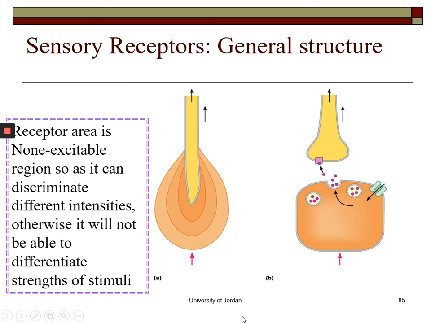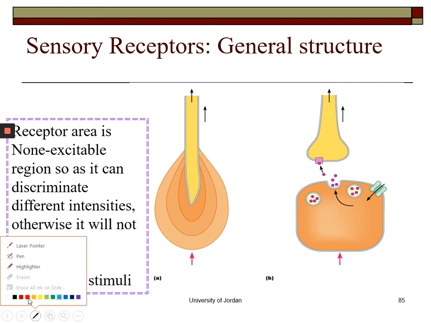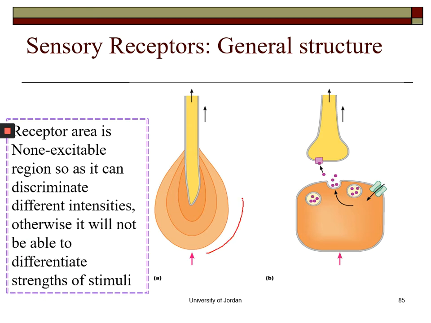Meaning at these areas here, we don't have action potential changes. If we don't have action potential, it means at these areas we don't have voltage gated sodium channels. Okay.